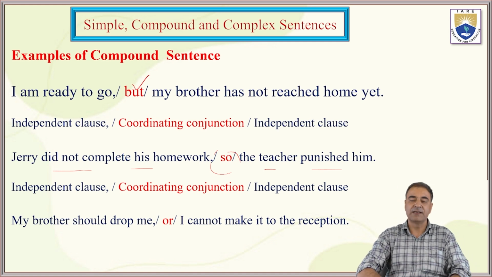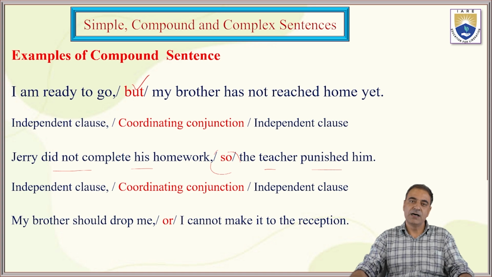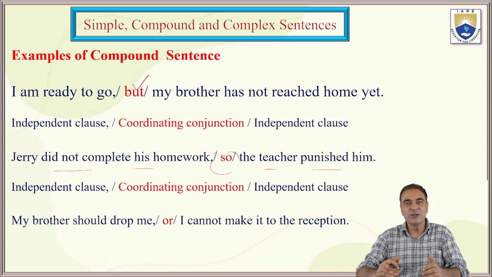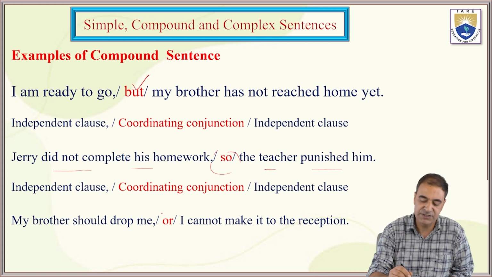Now if you look at this sentence, again we have two main clauses, and if you take any of these main clauses away from the sentence, or if you separate any of the main clauses from the main sentence, that main clause will give the complete sense. That's why we call it a main clause. Like here, my brother should drop me, it gives the complete sense. I cannot make it to the reception, again it makes the complete sense. And here we have combined two main clauses with the help of a coordinating conjunction.